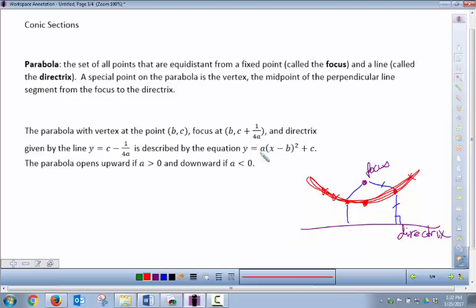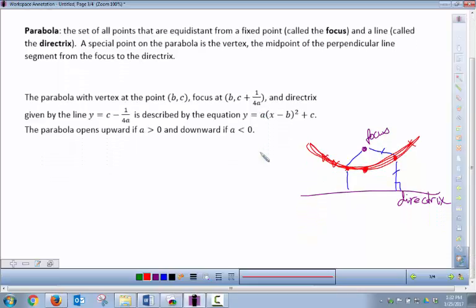It turns out these parabolas have this special property where we can identify the focus and the directrix. Let's take a look at probably the most popular parabola we know, y equals x squared. We know it's a parabola, it has a vertex at (0, 0), and it opens upward.